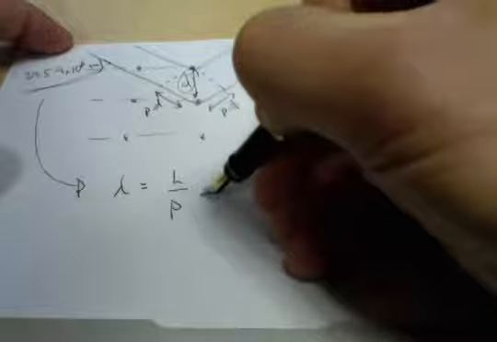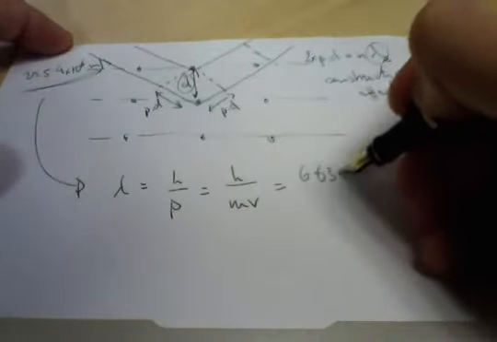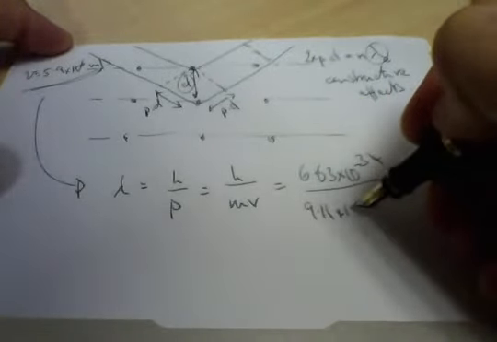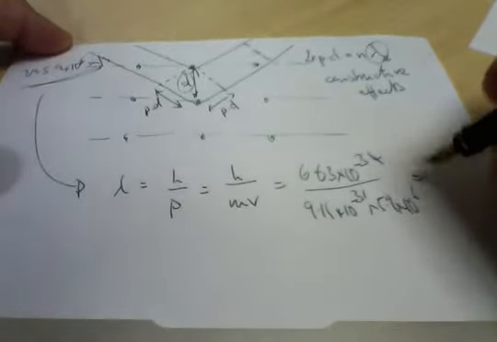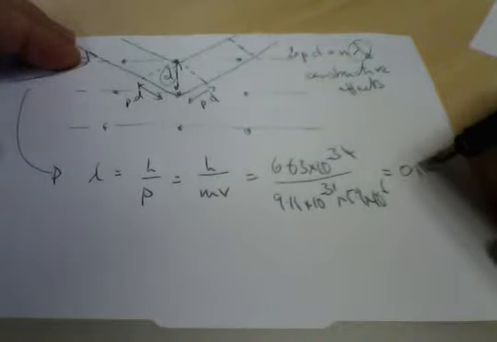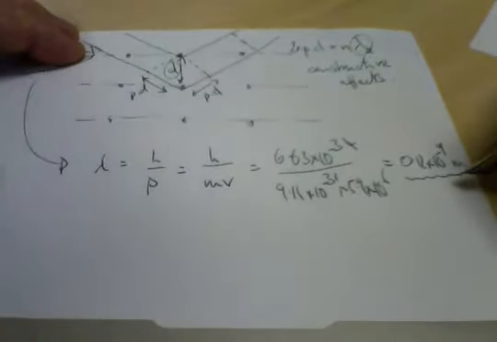So they said that the wavelength was h over p, for electrons h over mv: 6.63 times 10 to the minus 34, over 9.11 times 10 to the minus 31 times 5.9 times 10 to the 6, gave us something like 0.12 times 10 to the minus 9 meters. I haven't double checked that, so I hope that's about right.